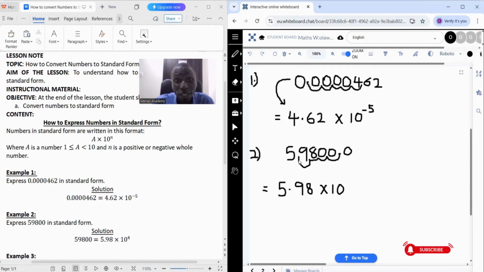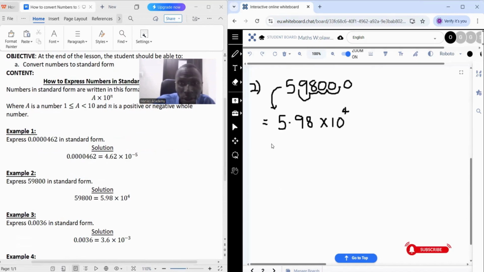You have to compare the original number, 59,800, with the first number, 5.98. If the original number is greater than the first number, then we're going to have a positive power, meaning 10 raised to the power 4. So expressing 59,800 in standard form, we have 5.98 times 10 raised to the power 4.